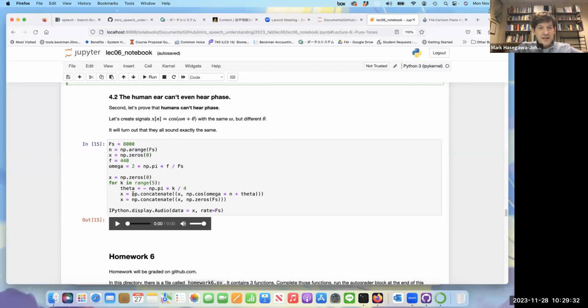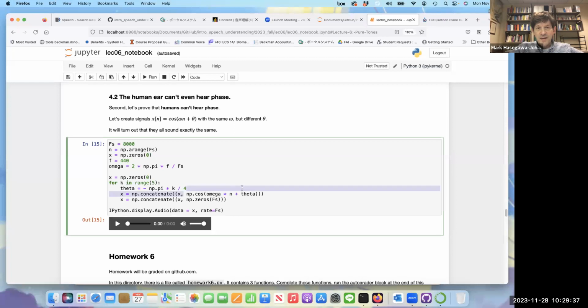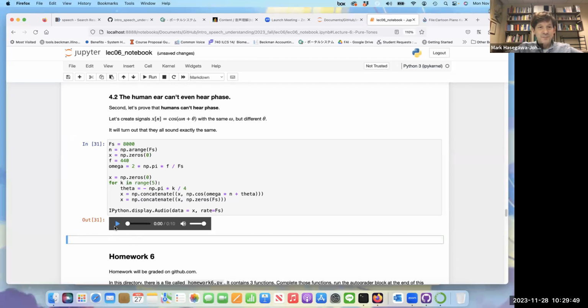So to do that, let me take all of those different sounds. Let me create cosine of omega times n plus theta, and let me concatenate 5 different sounds. And what you'll hear is all exactly the same. It'll be 5 seconds of exactly the same tone.